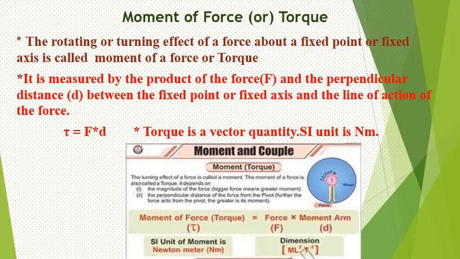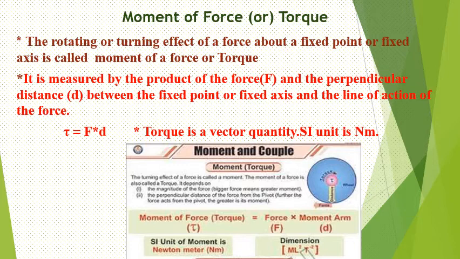So torque is equal to force into perpendicular distance d, the perpendicular distance between the fixed point and the line of action of force. Torque is also a vector quantity and the SI unit is Newton meter.